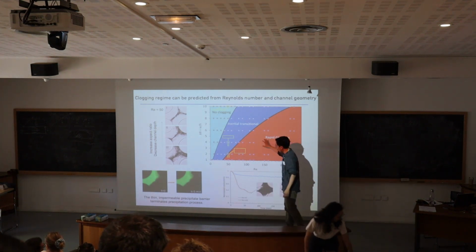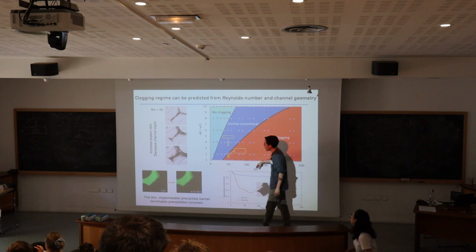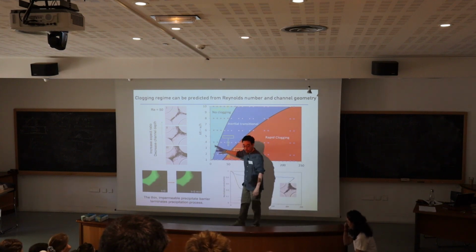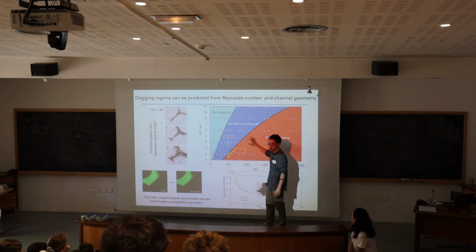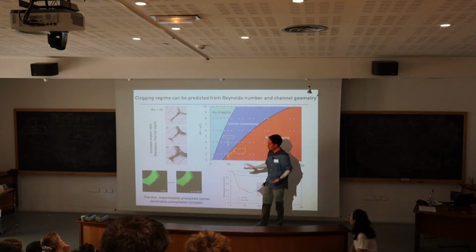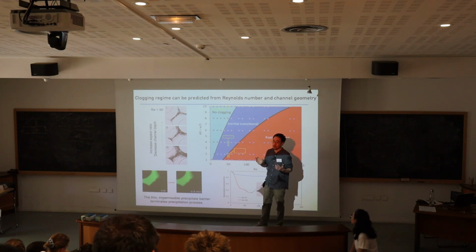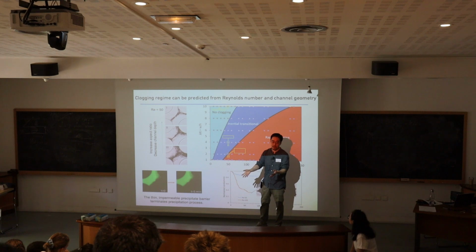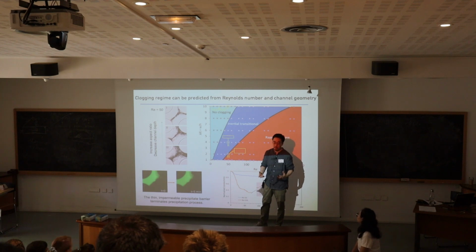In this paper, with the Reynolds number and one structural parameter, we were able to classify three different regimes: rapid clogging, transitional, and no clogging. Of course, this is a simple step, but this is the general direction I want to take. I think it's too much to say that we can predict where the precipitation is happening because, as you said, there's too much uncertainty. But at least we can say how fast and how much precipitation is happening for a given dimensionless number and key structural parameters. So this is what I had in mind.